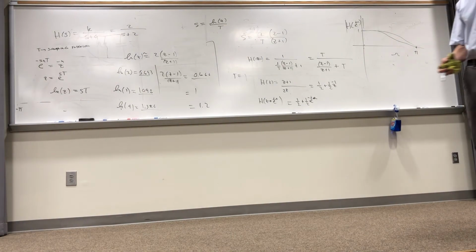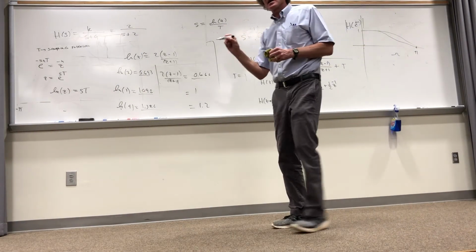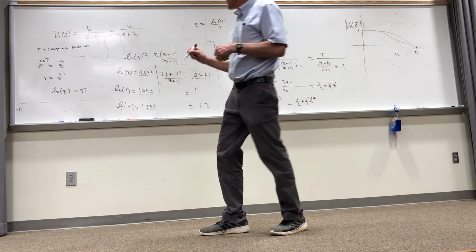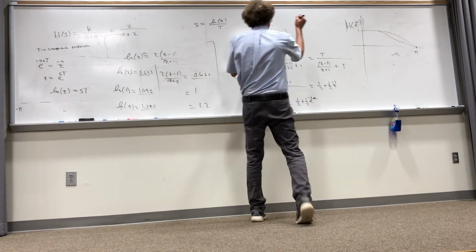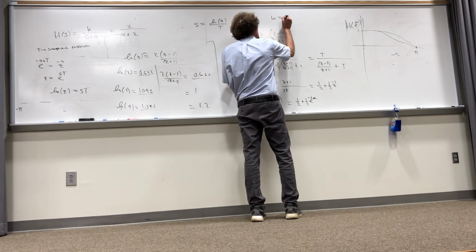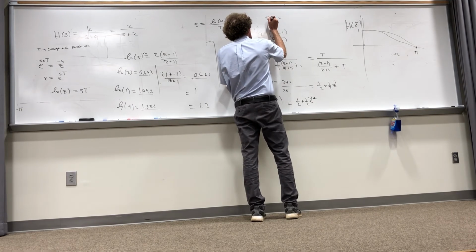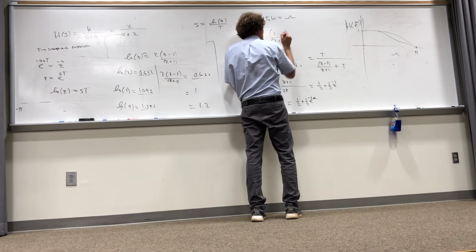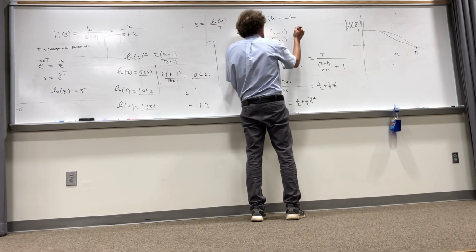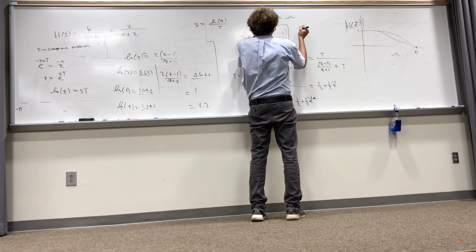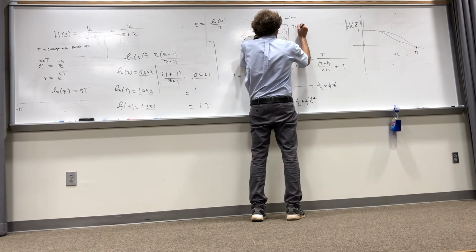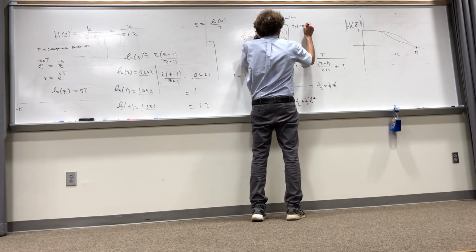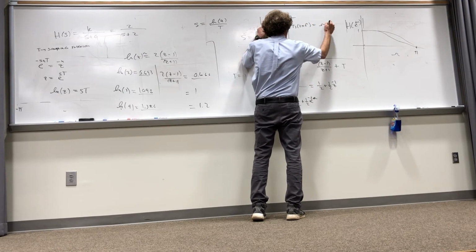Now, the relationship between the frequency, capital omega and small omega, is this. You can write this down. Small omega times Ts, the sampling interval, is equal to large omega. And that means, if you take this to the next level, that Ts times 2 pi times f is capital omega.